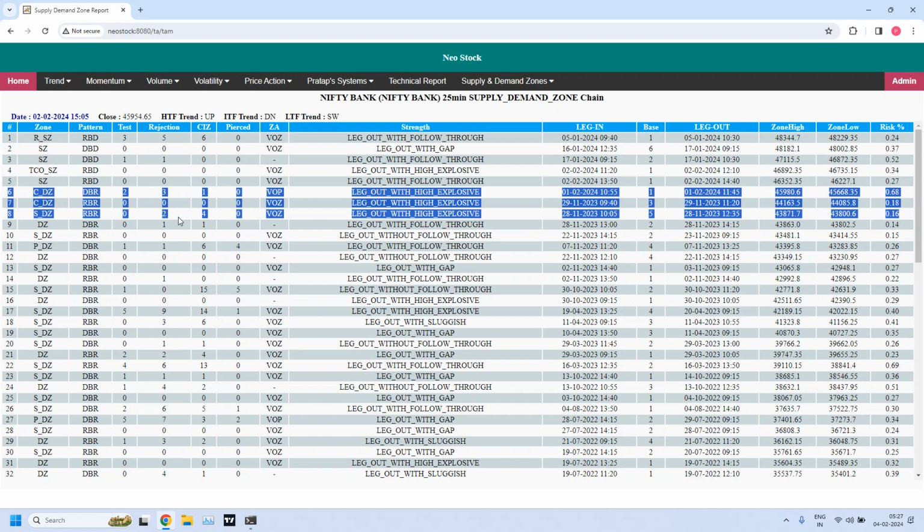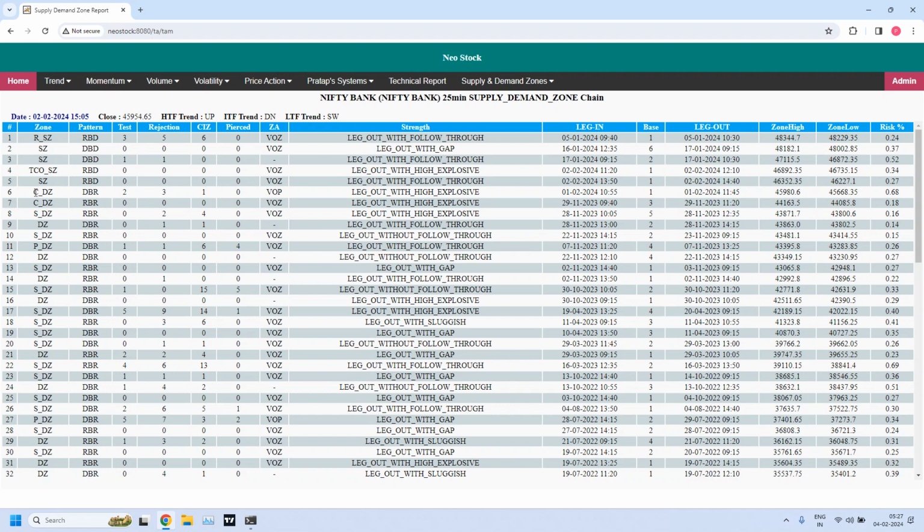There is a strong order flow at the 25-minute level. And moreover, recently, this 25-minute zone is holding the prices. It's not letting the prices from 45,982 to 45,668. This is the one continuously testing and not letting the prices.